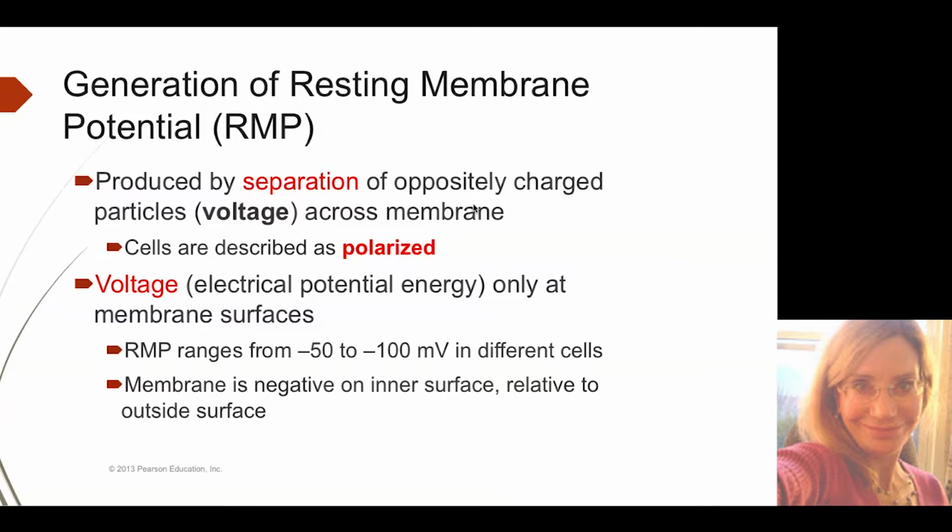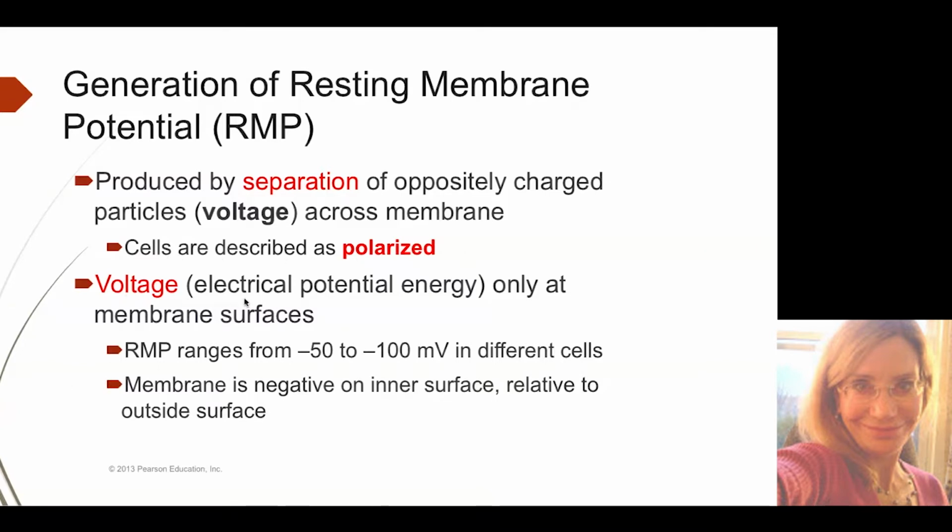across the membrane. Voltage just sounds like electricity. Well, it is. It's an electrical phenomenon because, remember, positively charged particles are going to be attracted to the negatively charged particles and vice versa. When you separate these opposite charges across the cell membrane, now we can say that the cells are polarized.